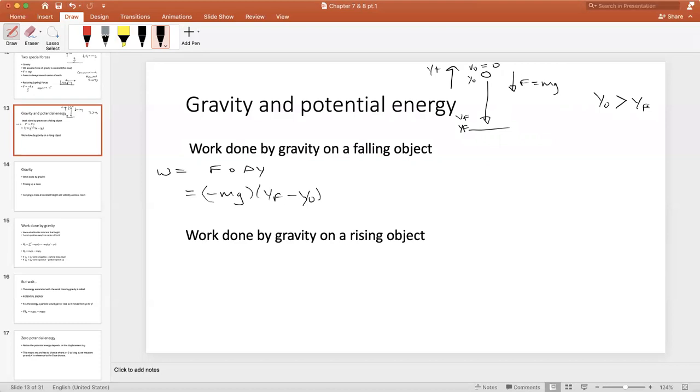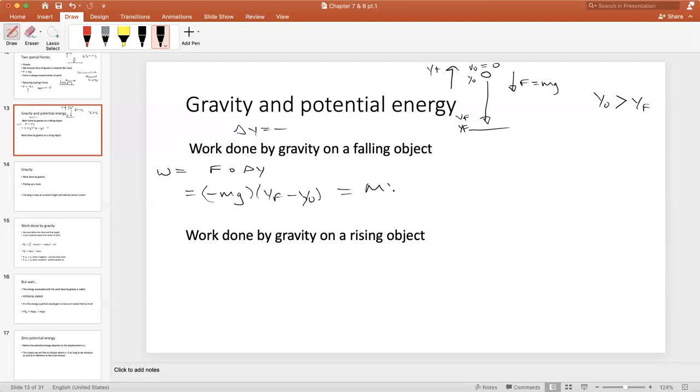So it turns out that delta y is actually negative here from the way our picture goes, because y initial is greater than y final. So this becomes negative, right? No matter how, even if y initial is 0, y final would be negative, whatever, okay?